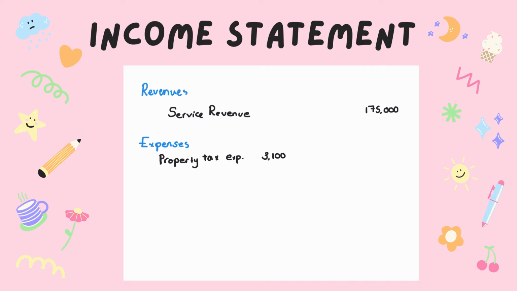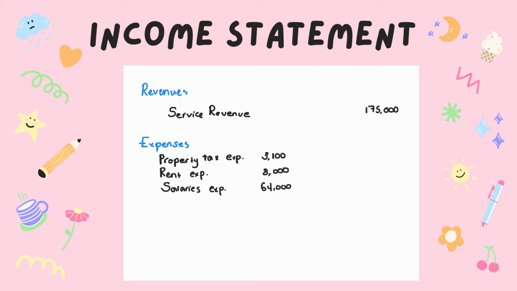Okay, so you can print it and solve it by yourself. And here the second one, we have rent expense, 8,000. Then salaries expense, 64,000. So we are done with the expenses in the first column.